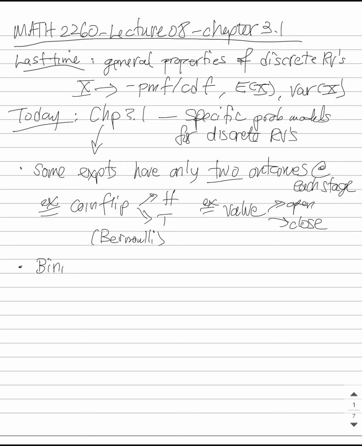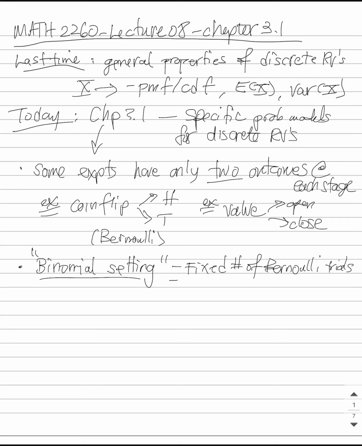So we are going to talk about an experiment that uses a Bernoulli trial at every stage. We are going to talk about experiments in what we call the binomial setting. When something's in a binomial setting, what we've got is a fixed number of Bernoulli trials, so a fixed number of trials or stages that just have two outcomes.